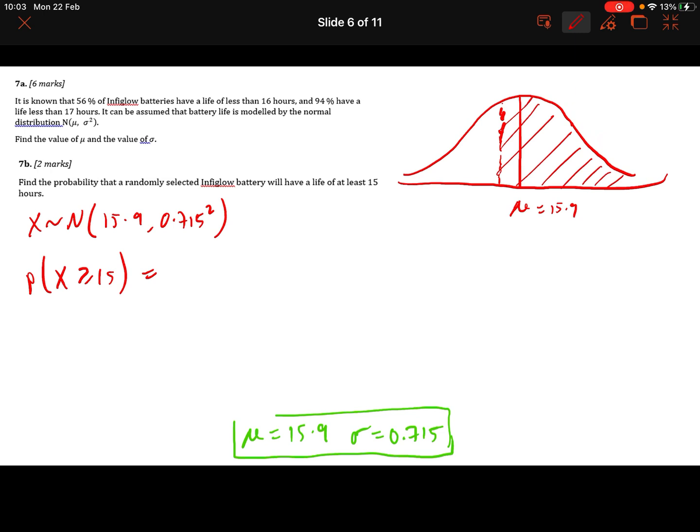Put in the correct standard deviation, 0.715, don't get it the wrong way around, and the mean, 15.9. We are told that that probability is equal to 0.896 to 3 significant figures, all just done with the help of my calculator.